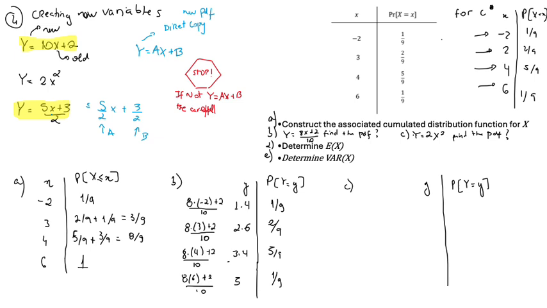Well, what should I use? The formula, right? The relationship between x and y. Y will be 2 times x evaluated at -2 squared. So -2 squared is 4, 4 times 2, this is 8. And I keep going.